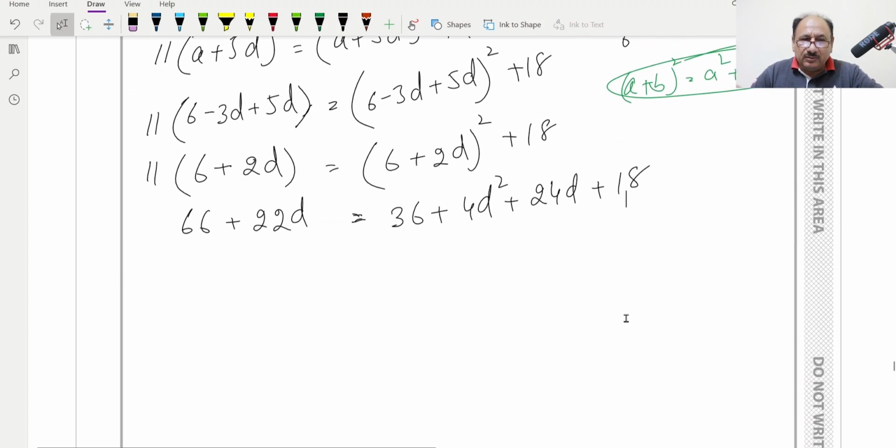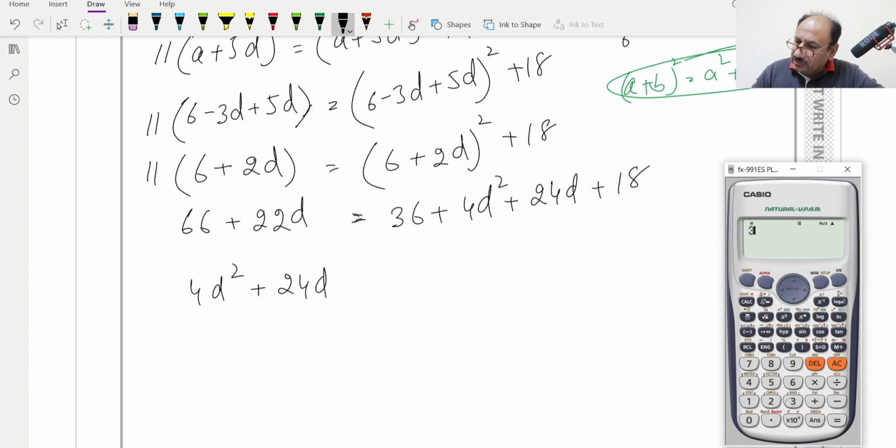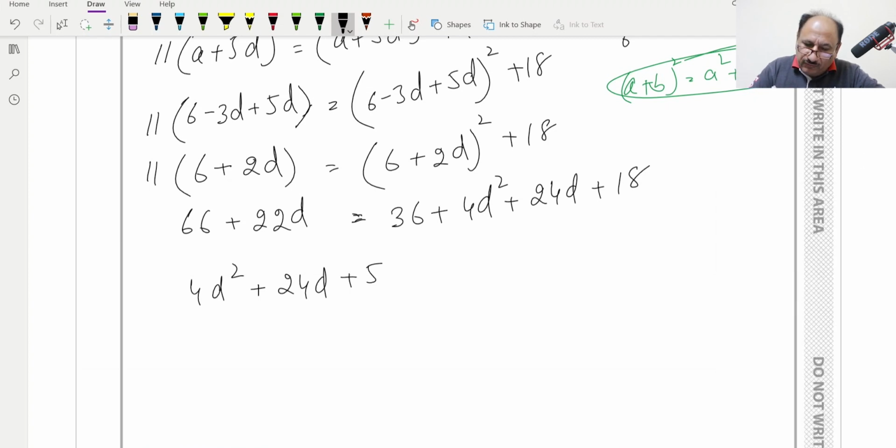Now we can shift everything to one side, so we can write 4d squared plus 24d, and 36 plus 18 will be how much? 36 plus 18 will be equal to 54, so plus 54.